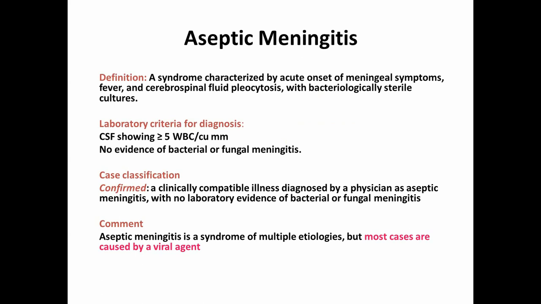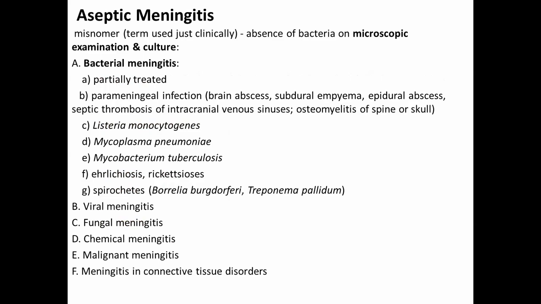The less severe form with less complications is aseptic meningitis. Aseptic means that there is no bacteria, but it could be due to viral, malignant cells, or chemical meningitis. Aseptic meningitis may also be due to partially treated bacterial meningitis, or parameningeal infection, encephalitis or epidural abscess extending to the meninges.